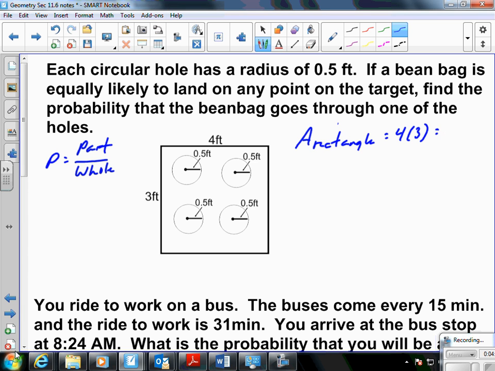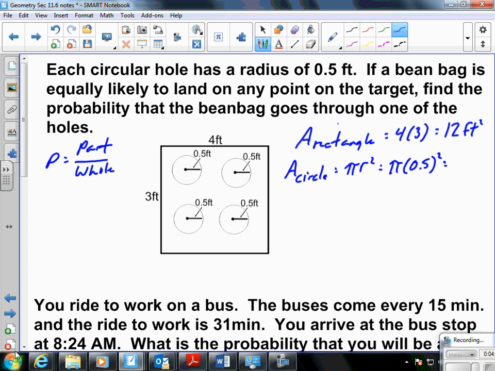It's going to give us 12 feet squared. And then from there, we need the area of one of the circles, which they're all exactly the same. So we're going to say area of the circle is pi r squared. So we're going to do pi times the radius, 0.5 squared.